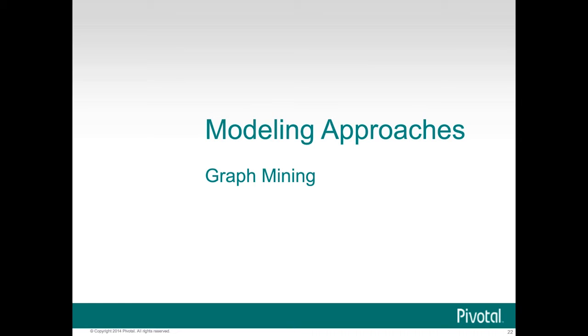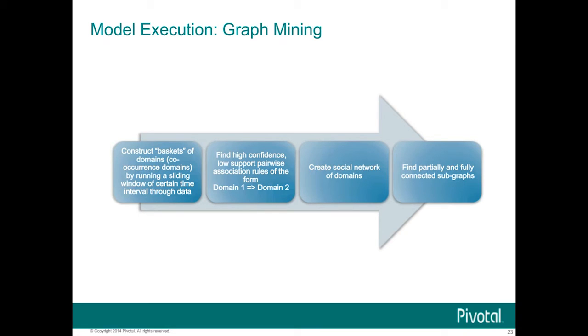So the next approach that we talk about is another popular approach called a graph mining technique. Graph mining is applied across various domains like security, healthcare, and also social network analysis. The various steps involved in this graph mining technique are as follows.